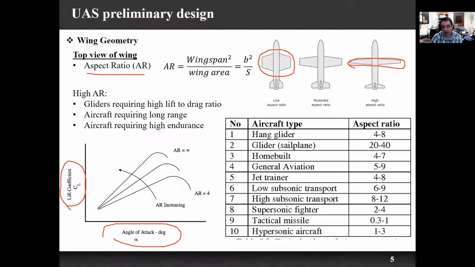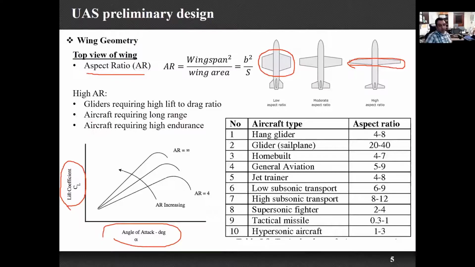Here, the high aspect ratio is usually used in a glider, because gliders require a high lift to drag ratio. Aircraft that want to fly longer range or with high endurance usually also have a higher aspect ratio.